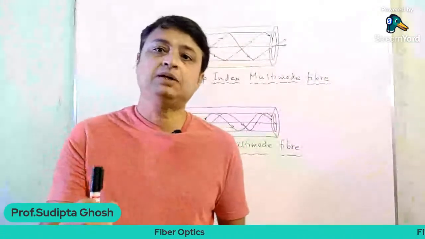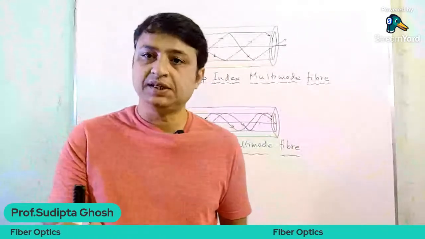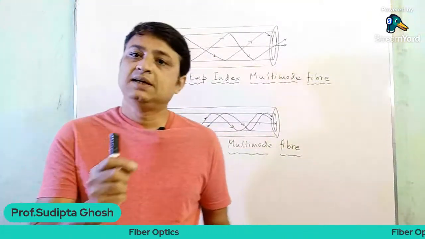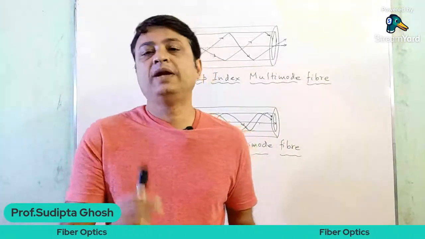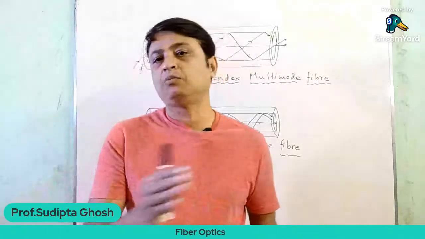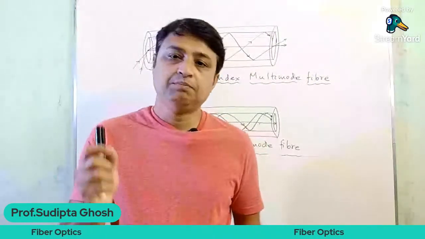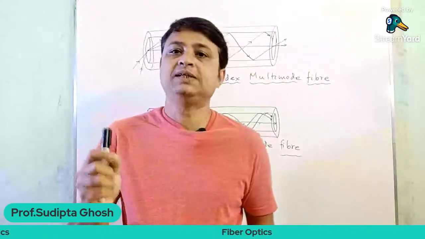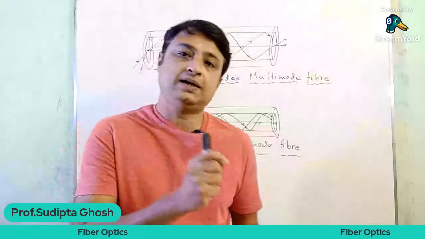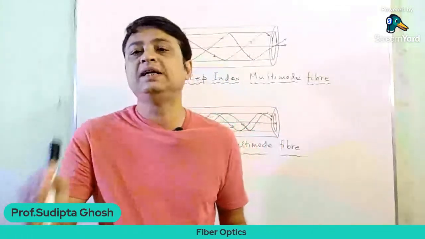Number two, the transmission is more or less efficient in terms of loss. Whenever we encounter transmission of a signal from one point to another, the first and foremost factor that comes to mind is the loss of that signal from the transmitter to the receiver end.